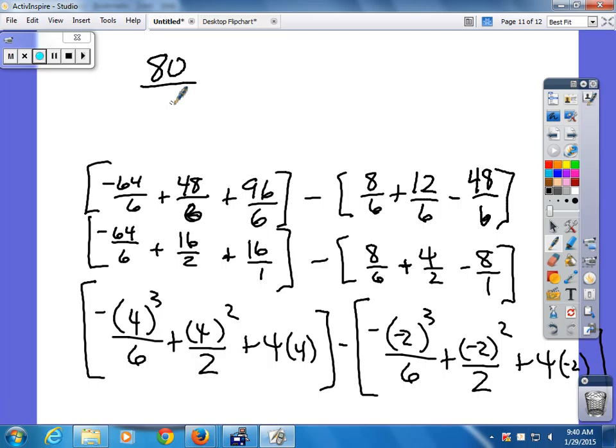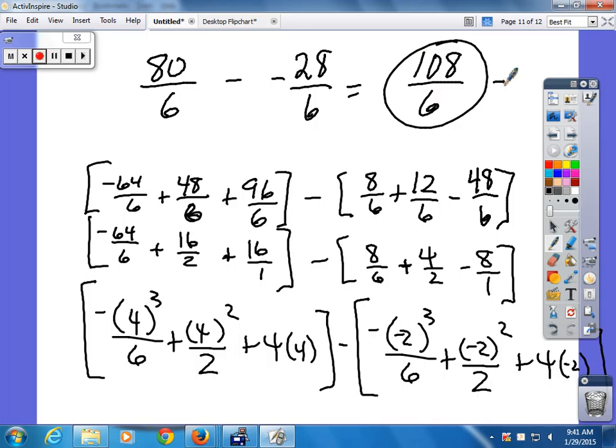Y'all check me. Minus 8 plus 12 is 20. 20 minus 48 is -28. Which is equal to 80 plus 28, which is equal to 108 over 6.